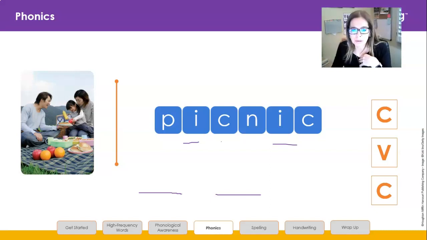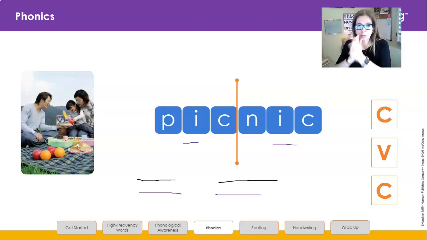If you have 2 consonants between, or 2 letters that aren't vowels in between the vowels right here, these 2, then we're going to divide it in the middle of the 2 consonants. All right? So when we chunk this word, we will have pick, nick. And those are both closed syllables, so they have the short I sound. Pretty easy. Just divide it between the 2 consonants.